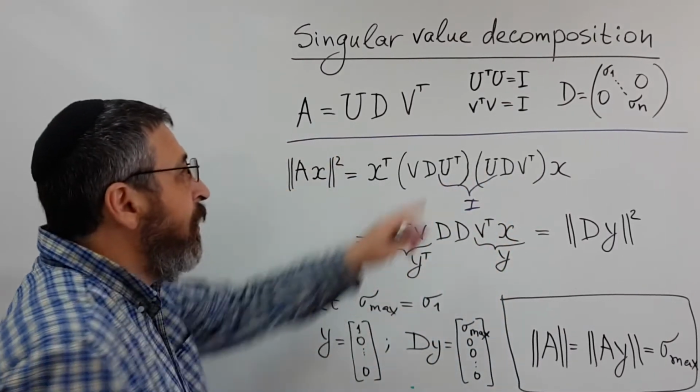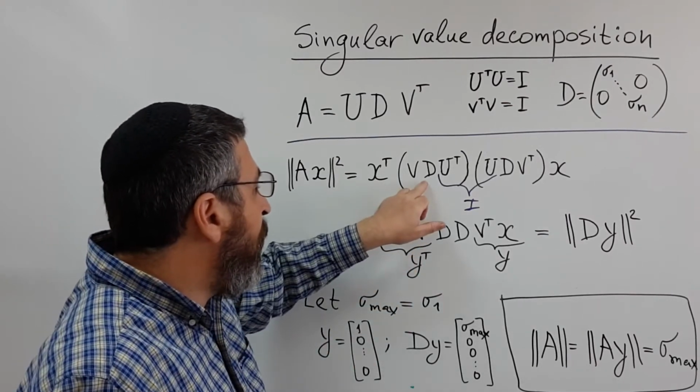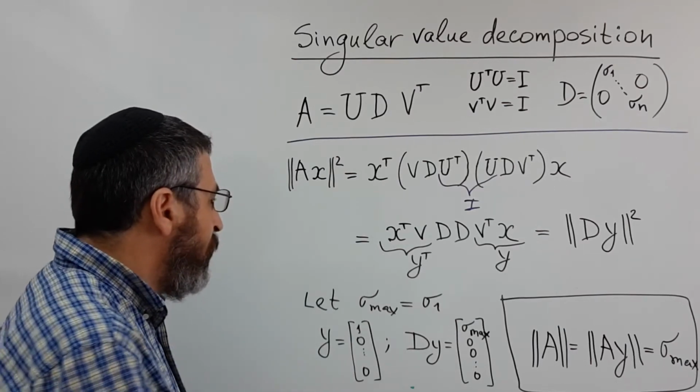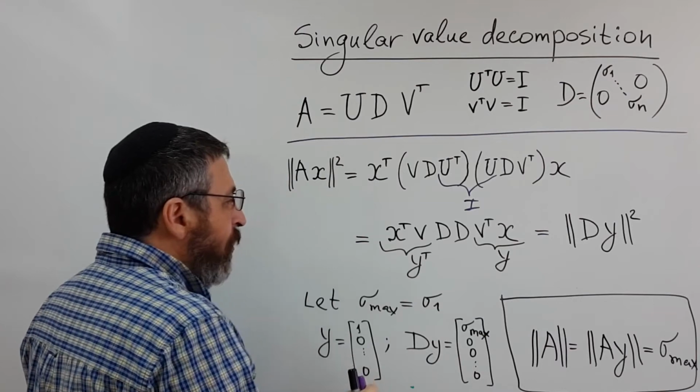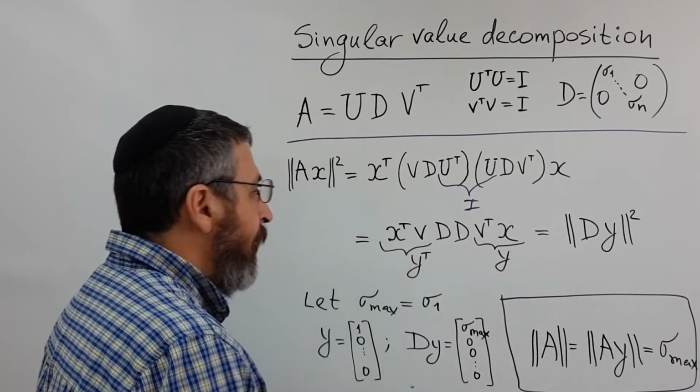This product is identity. D is diagonal, that's why we don't write transpose. So we get this simplified expression: X transpose V, DD, V transpose X.